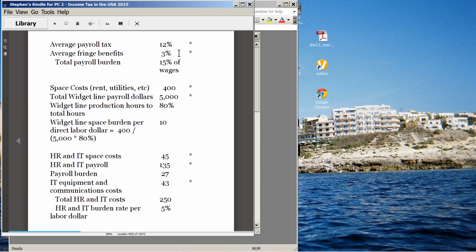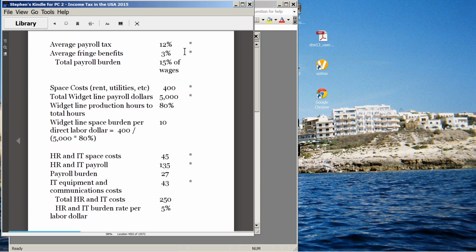So once we've determined what all of our space costs are, again, it looks like factually they tend to relate, all our IT and HR costs, they tend to relate more to payroll dollars. So that's how they're allocated.